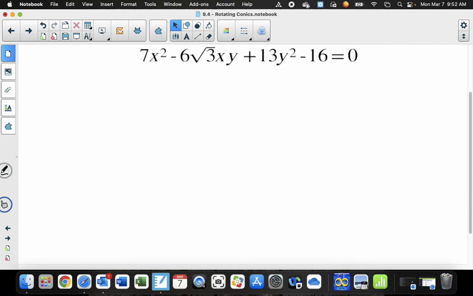7 times. We're going to take x squared out and put in what we got for x squared, which was this. 3x prime squared minus 2 square root of 3 x prime y prime plus y prime squared all over 4.